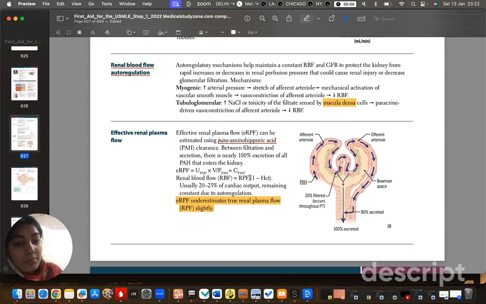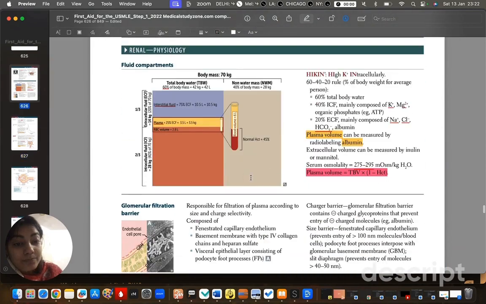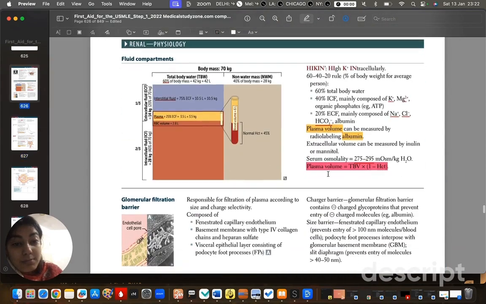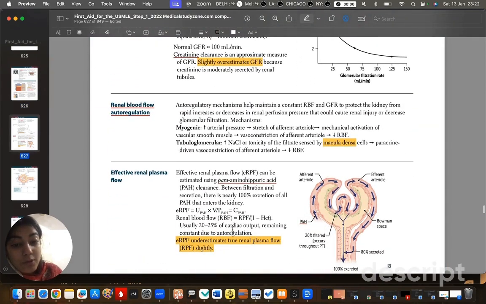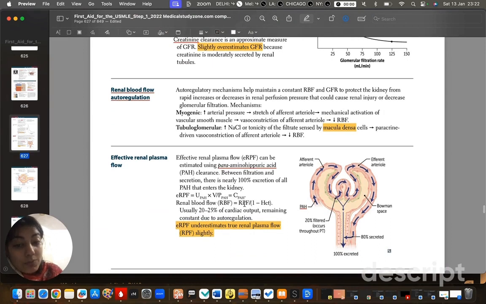So renal plasma flow is equal to renal blood flow multiplied by 1 minus hematocrit. Reversed, it's the same equation: divide renal plasma flow by 1 minus hematocrit, and you get the renal blood flow. It's annoying, but we've got to know this.